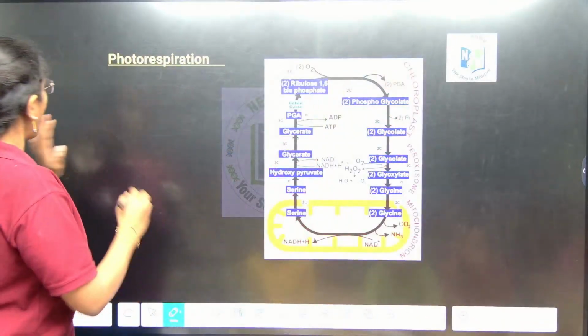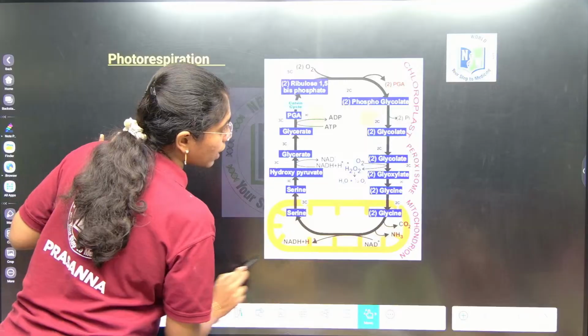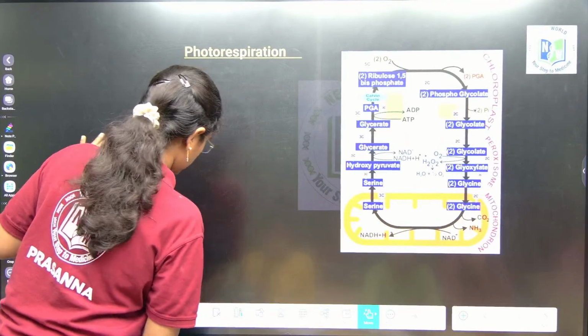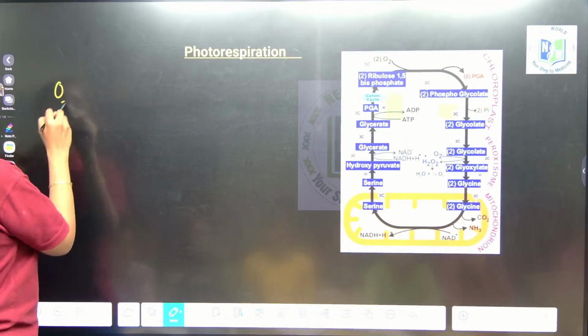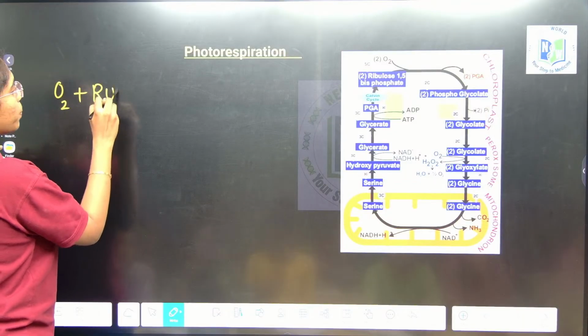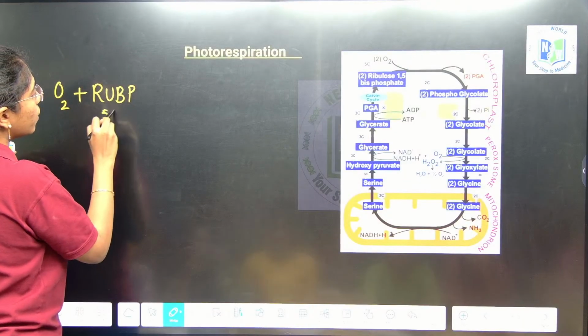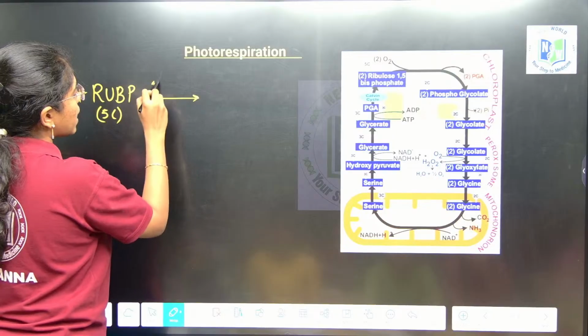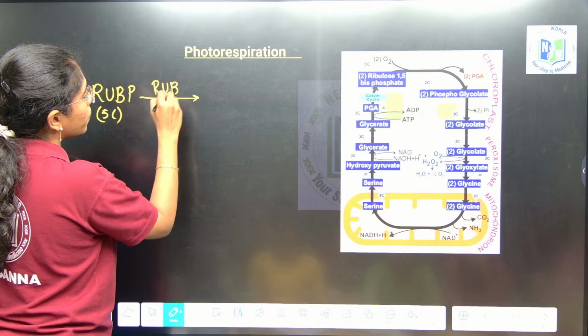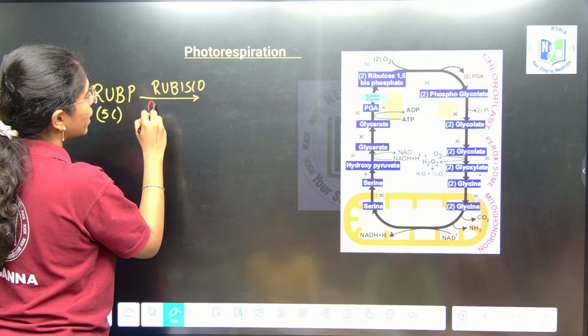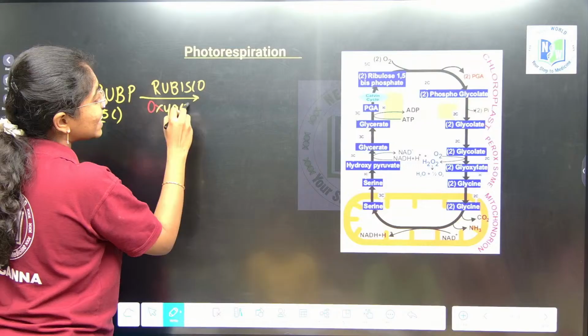So when oxygen is binding with RuBP, what happens? Oxygen along with RuBP. RuBP is how many carbons? The enzyme is performing what activity? Oxygenase activity.